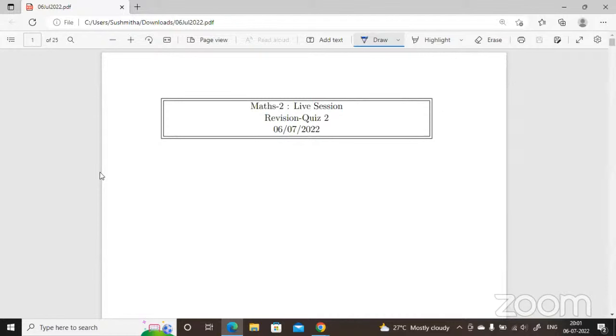To find all this, we used elementary row operations. We converted the matrix to row echelon form, row reduced echelon form, and using all this, we found the number of solutions, or in fact the solutions as well.